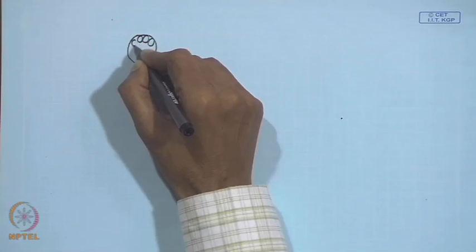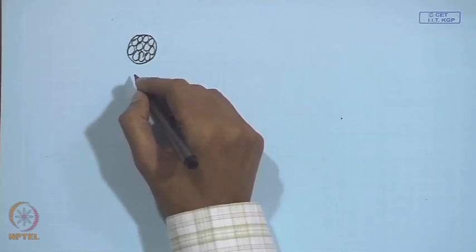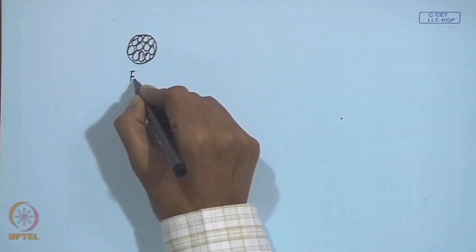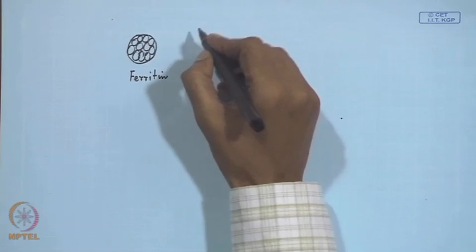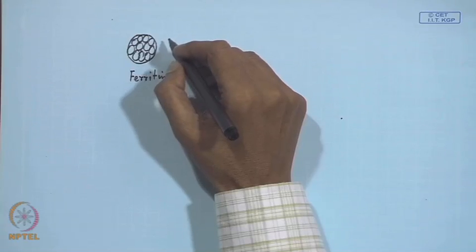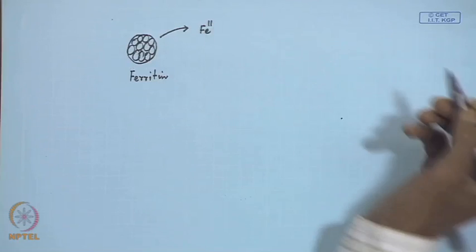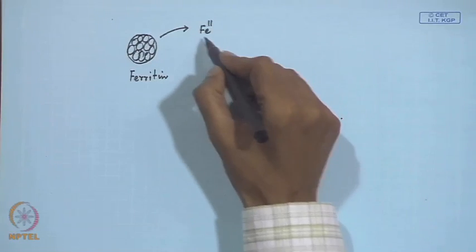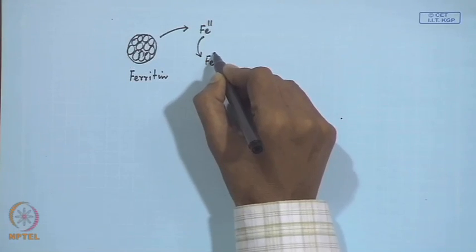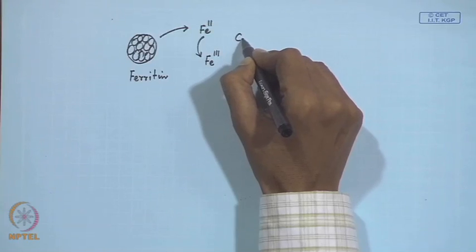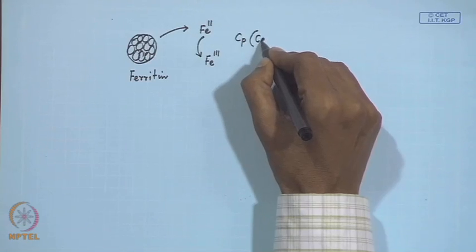So, this is your storehouse for iron in the ferritin, and this particular iron, when it is coming out as Fe2+, can be oxidized to Fe3+ by ceruloplasmin, Cp. The copper bearing protein molecule is available there.